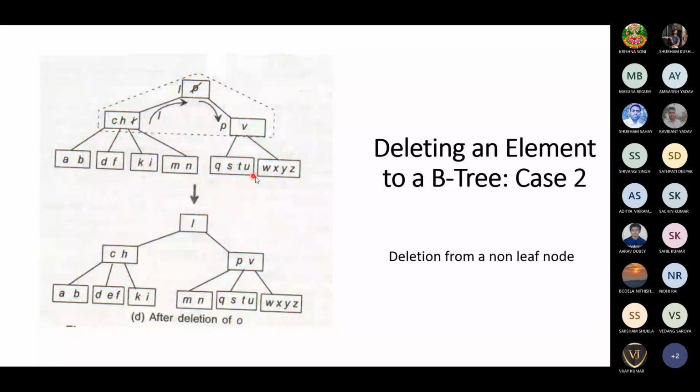Then again this creates some imbalance, because this is only one node, but the sibling on the left has 3 nodes. So L will become root node, P will become its child node. L will become the root, CH will be 2 nodes, PV will be 2 nodes. Then all the nodes have at least m/2 minus 1 values.